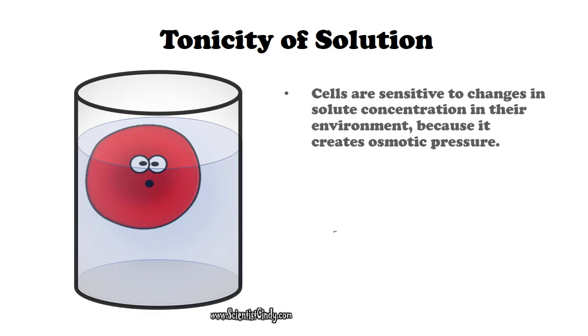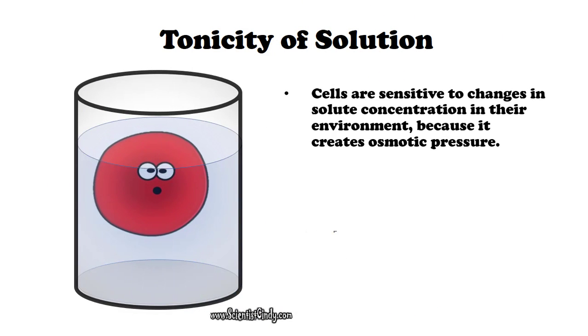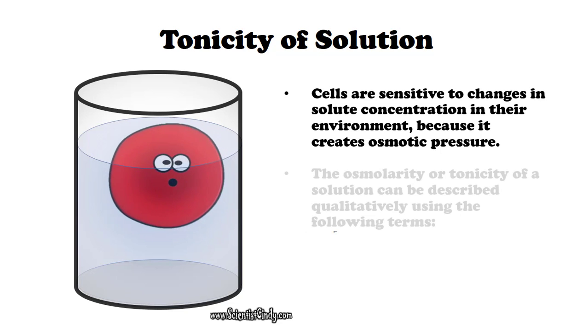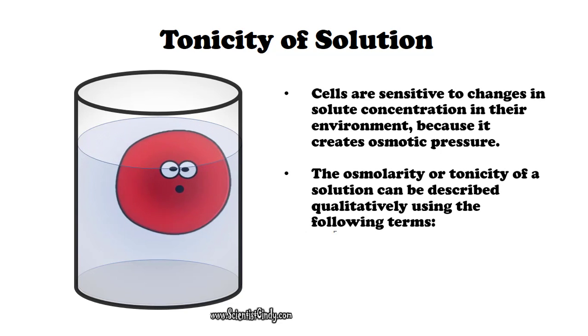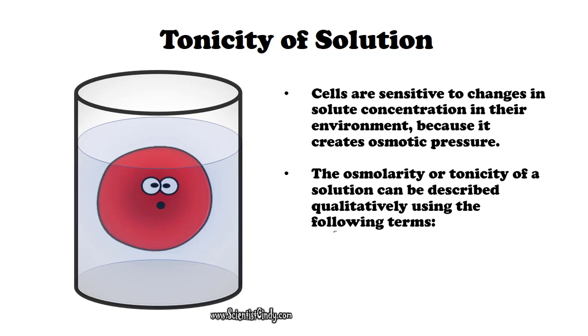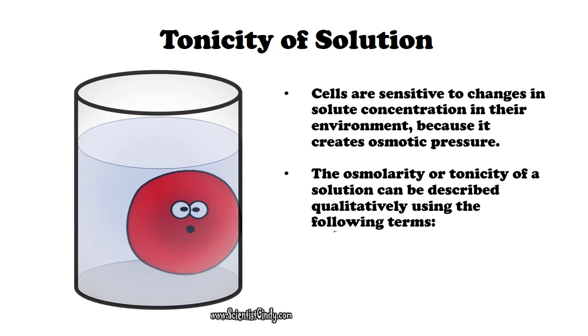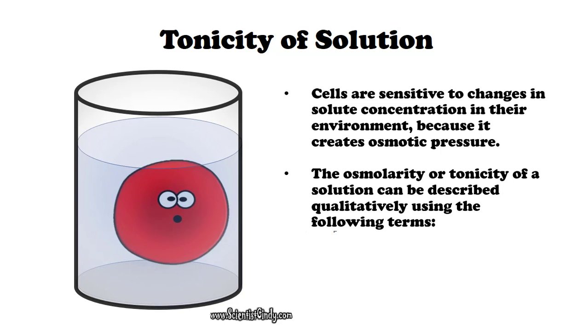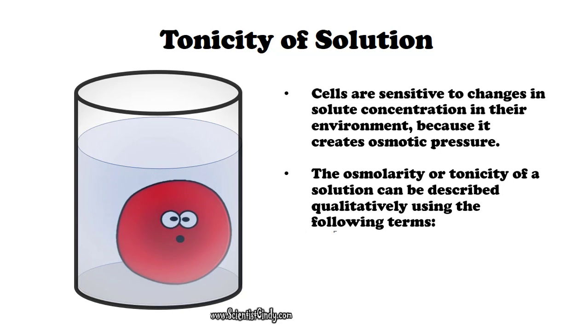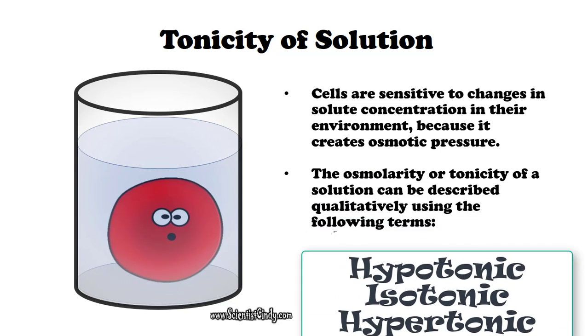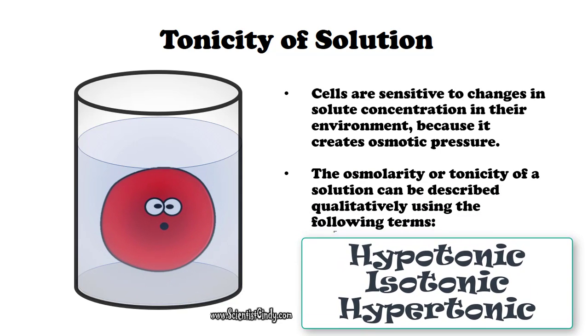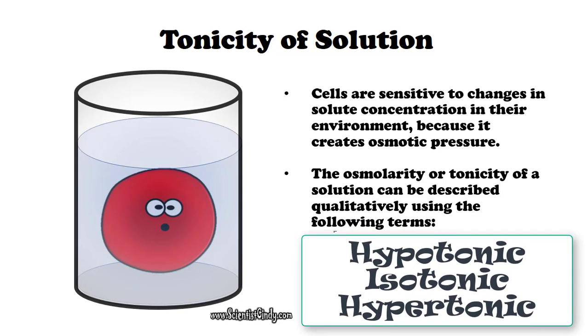There is a property called the tonicity of solution. Cells are sensitive to changes in solute concentration in their environment because it creates osmotic pressure. The osmolarity or tonicity of a solution can be described qualitatively using the following terms: hypotonic solution, isotonic solution, and hypertonic solution.